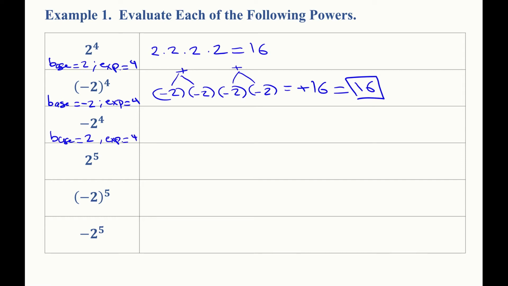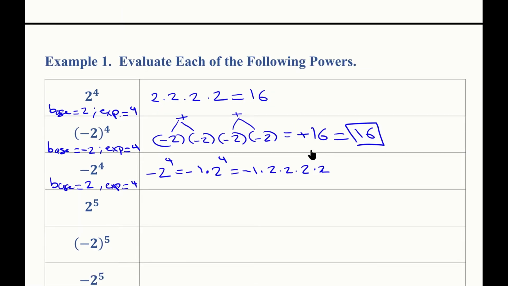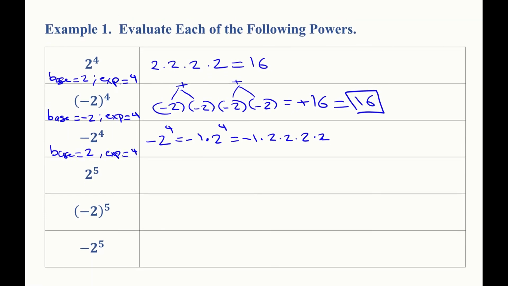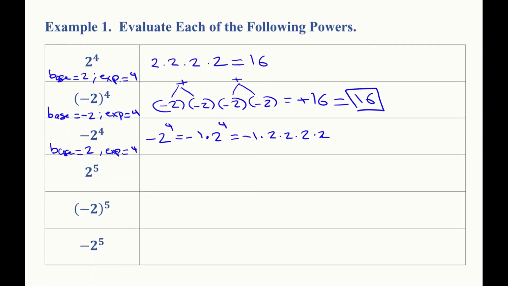So here, the negative can be interpreted in this way. You can think of this as -1 times 2 to the 4. That's a good way of seeing it. So basically, it's going to be -1 times 2 times 2 times 2 times 2. So we already know what this part is. We've done it twice. That's just 16. So it's going to be -16 this time.